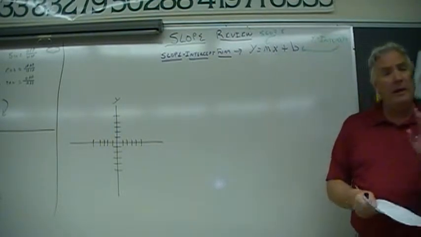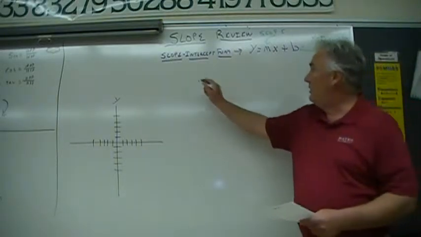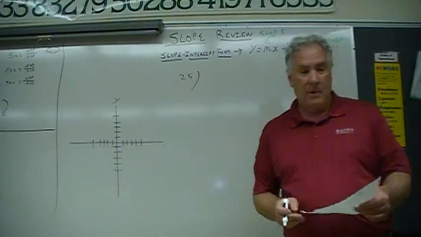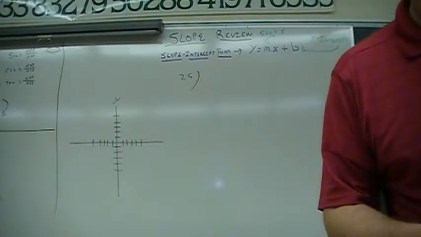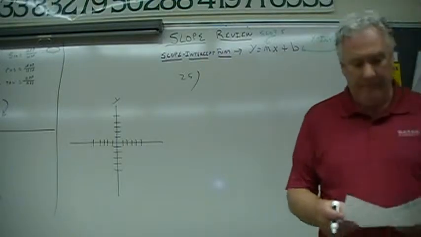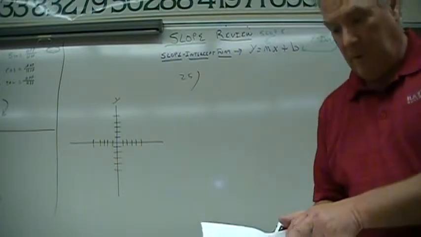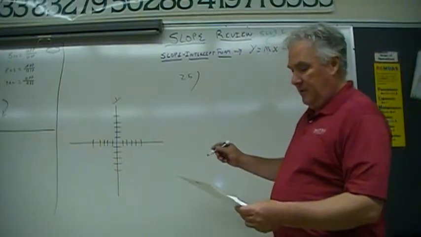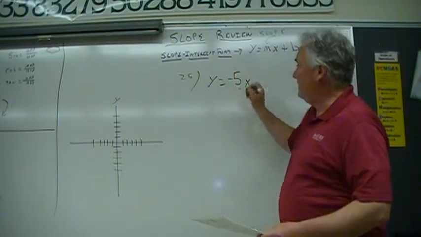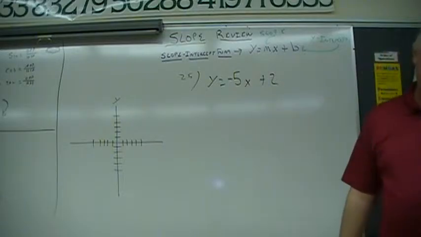And so, in your practice paper, you had a few of them. And number 25 was to identify the slope and the intercept. Okay? And so for 25 you had y equals negative 5x plus 2.